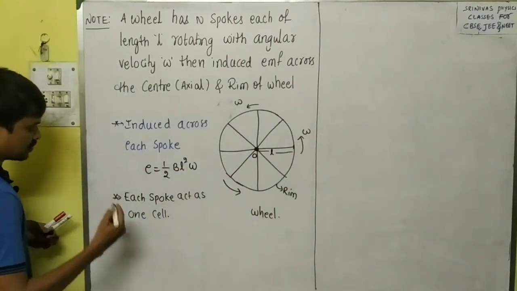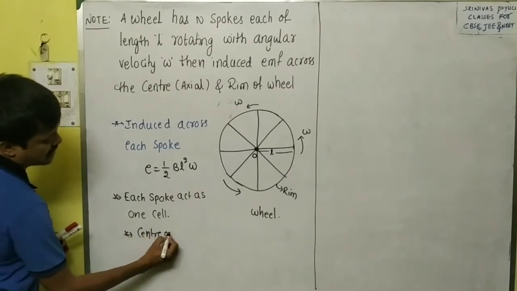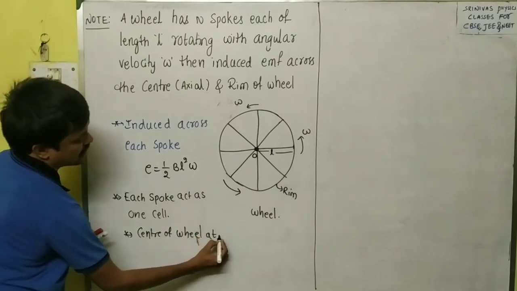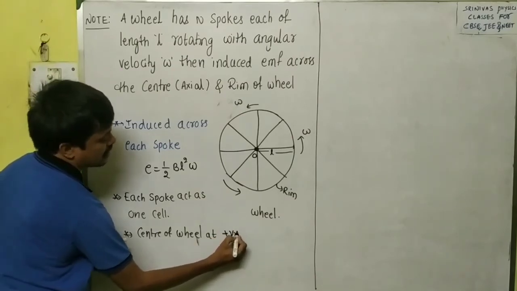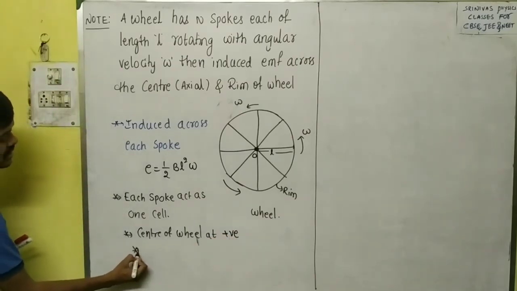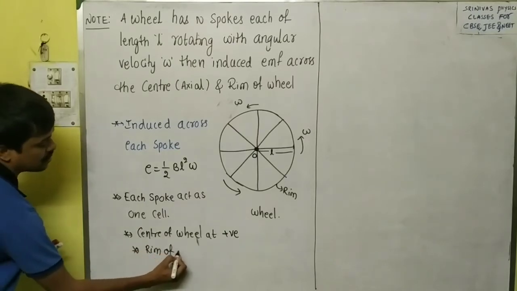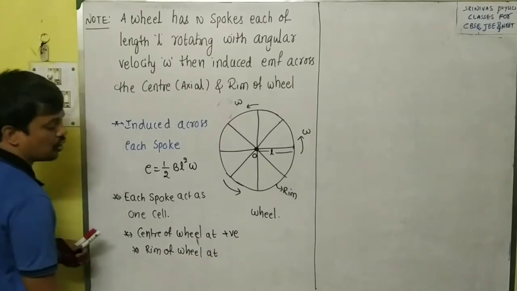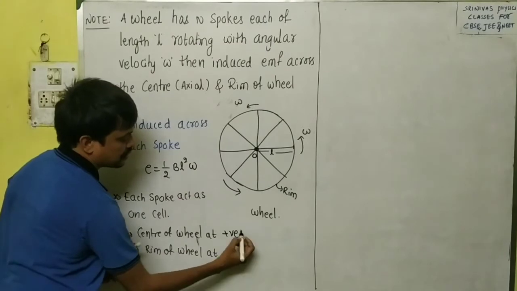The center of the wheel is at high potential and the rim of the wheel is at low potential.